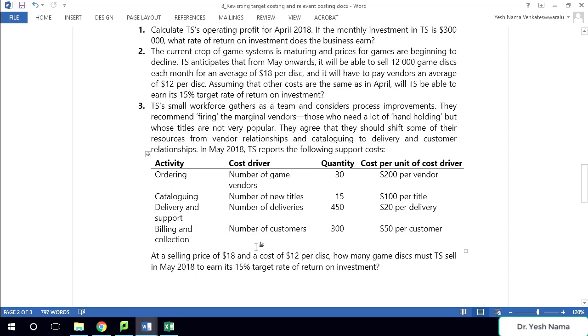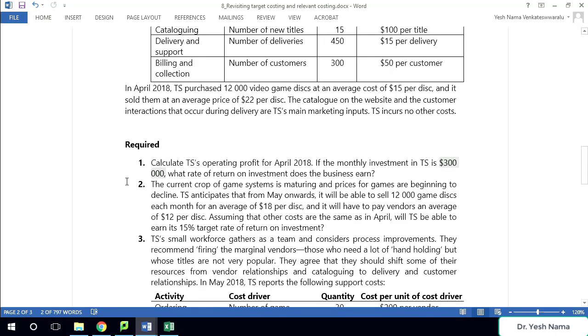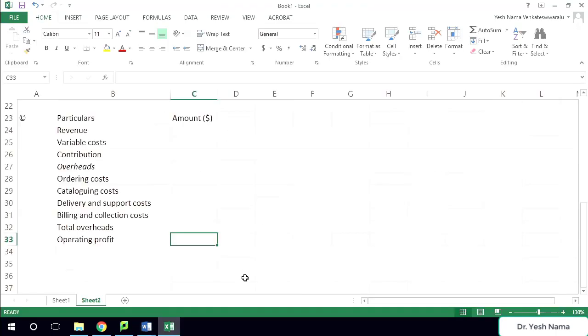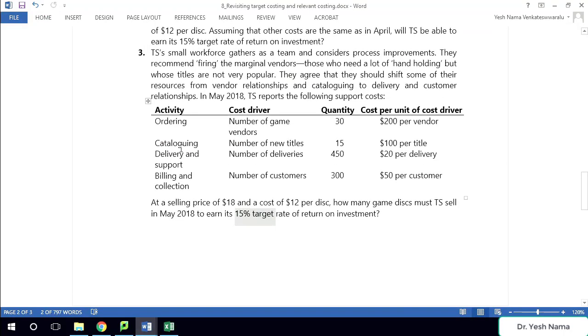Do we know what the profit is? 300,000 is the investment. What is the target return on investment? 15%. 300,000 times 15%: 45,000 is our target profit. We are working backwards. Now, do we know the overheads? Yes, we have them here.